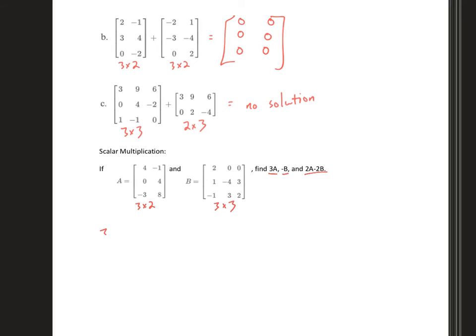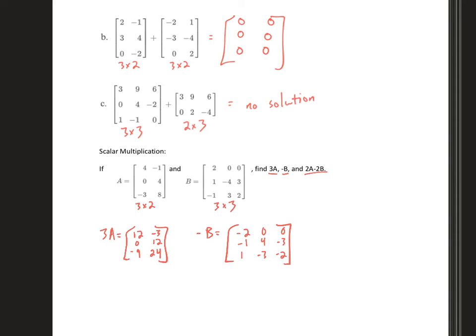So for 3A, we just take each entry and multiply it by 3. So that's 12, 0, -9, -3, 12, 24. For negative B, we just take each entry and multiply by -1. So -2, -1, +1, 0, 4, -3, 0, -3, -2.